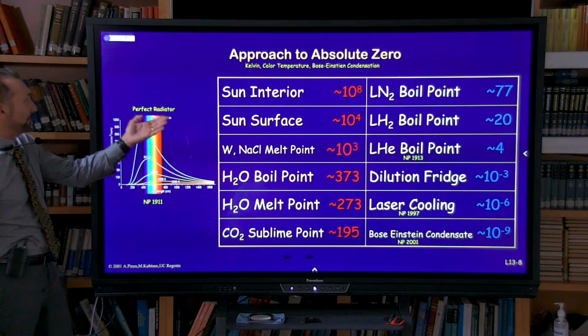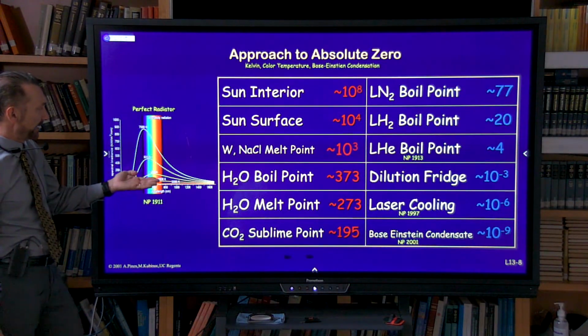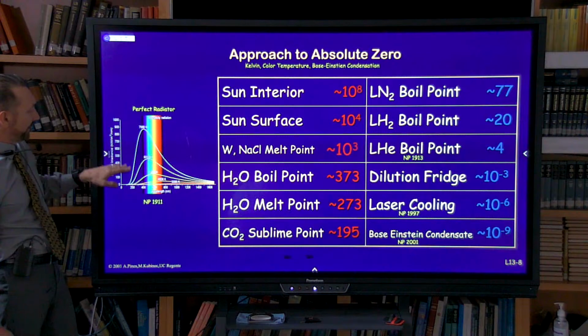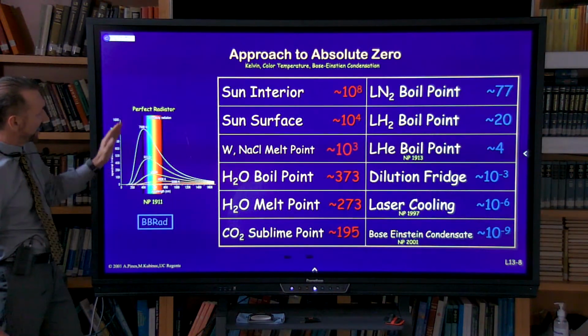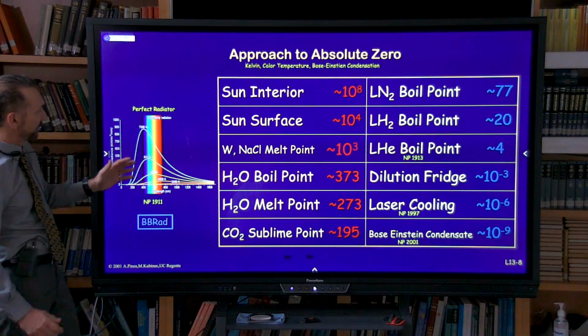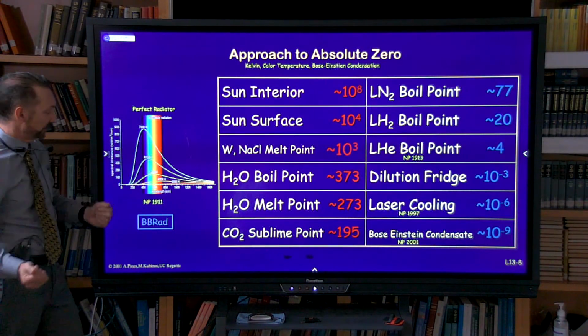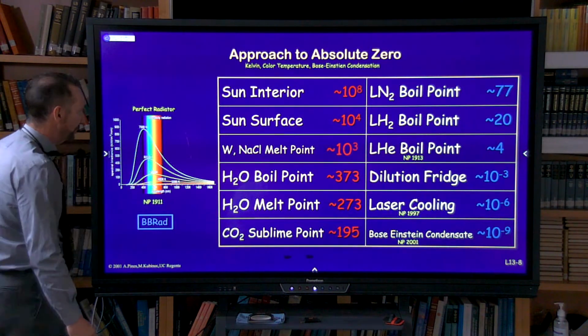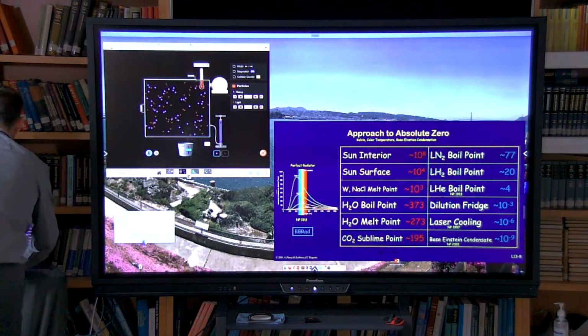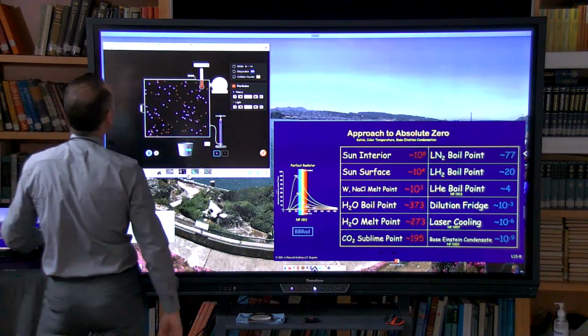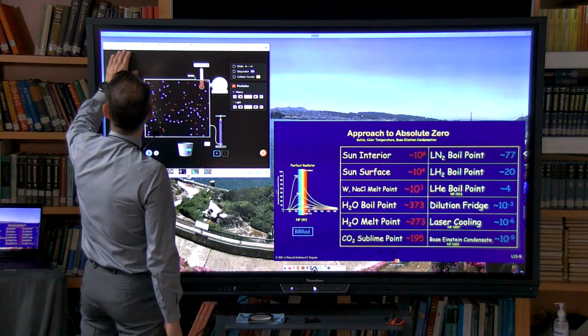And we reminded ourselves that when a system radiates, the temperature is given by a perfect radiator, or it's often called a black body. You'll see those two things used interchangeably. And we can look at those again.